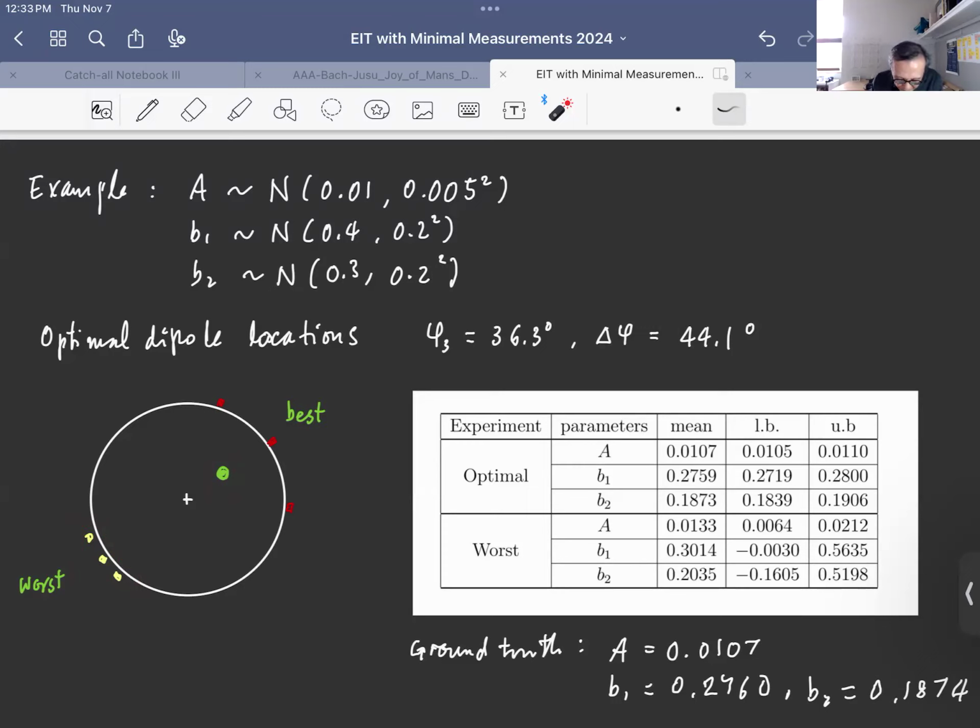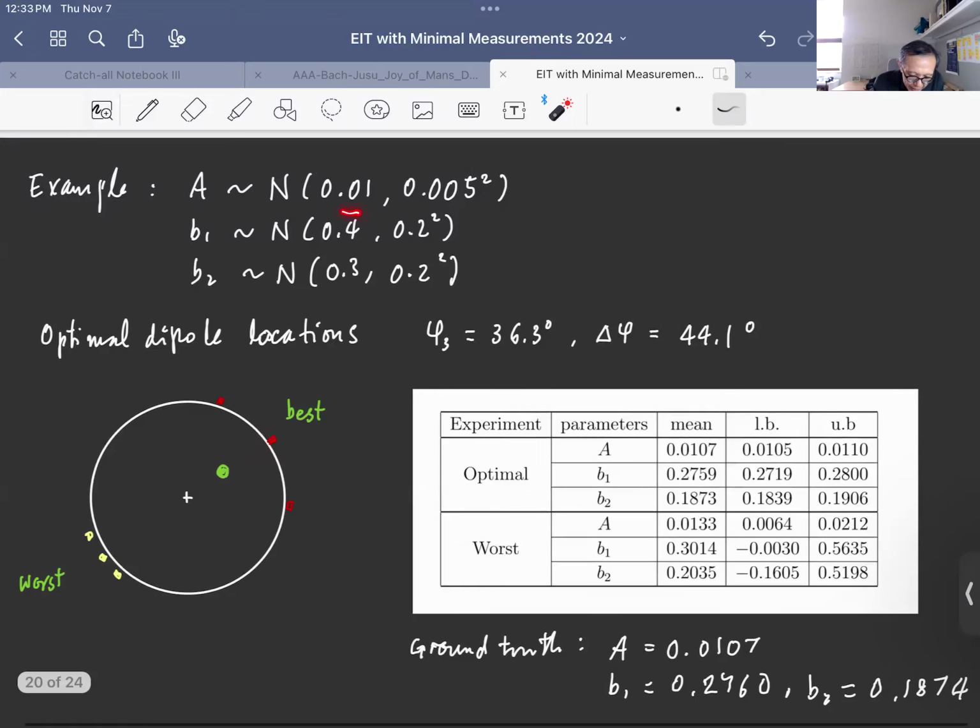The best measurement, obtained through this optimization of the expected KL divergence, puts us somewhere approximately like this, where the location of the middle electrode is roughly closest to where the prior tells us the object is.